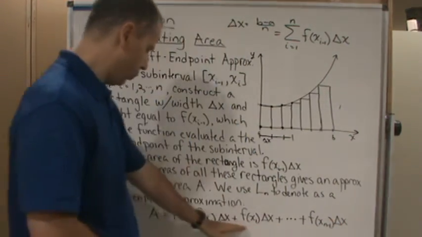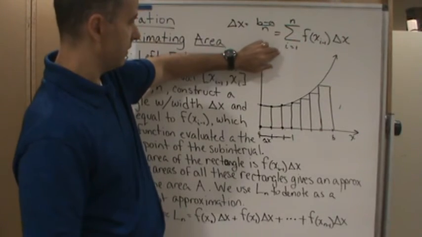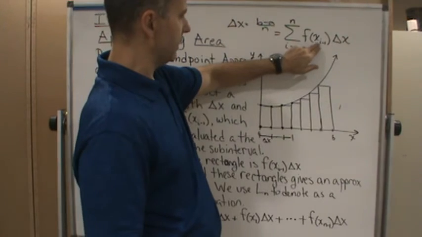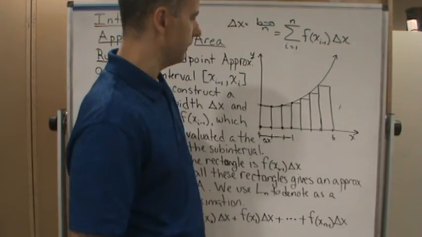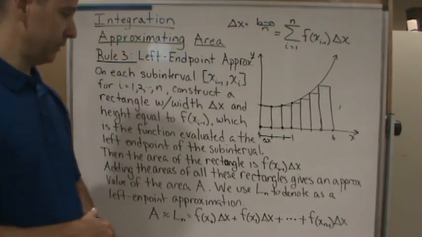And of course, we can use the summation notation, which gives us this: the summation for i equals 1 to n of f of x sub i minus 1, so there's your left endpoint, times delta x. And that is how we do a left endpoint approximation.